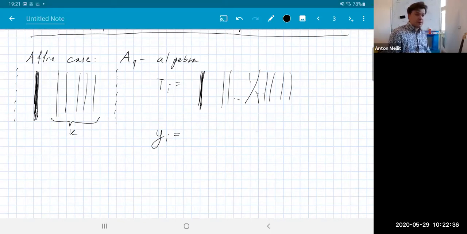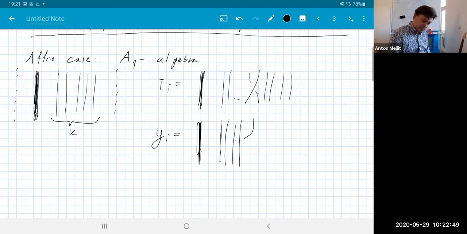When you talk about y, you have to specify how it passes around the wall, so we go to the wall and then we reappear from the other side.